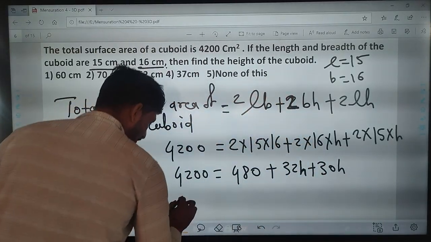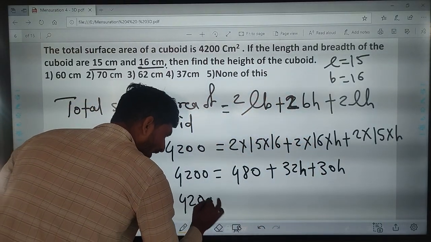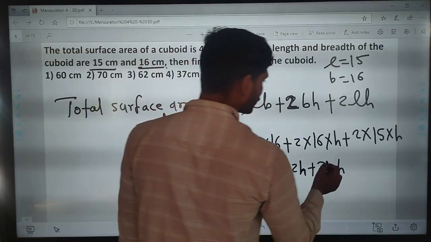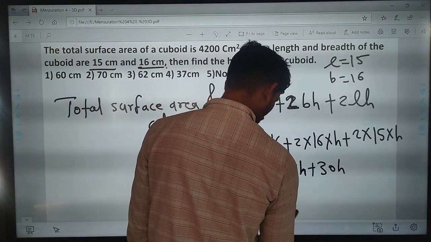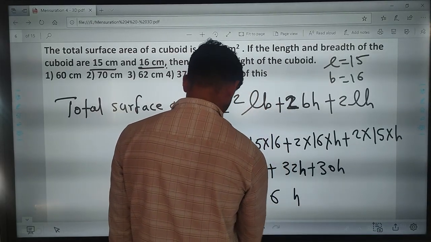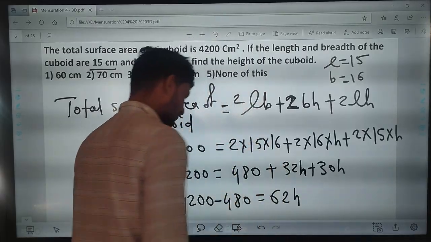now here we write 4200 minus 480 is equal to the addition of these two, 62H.